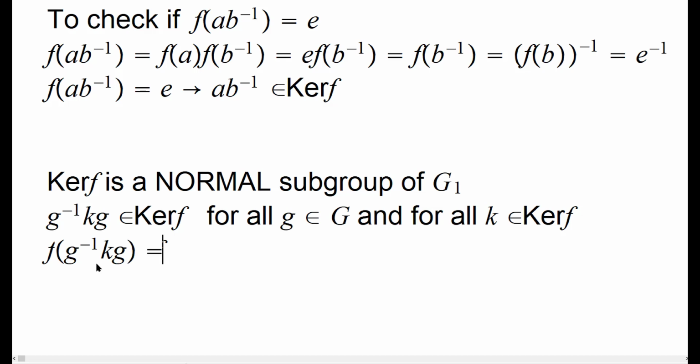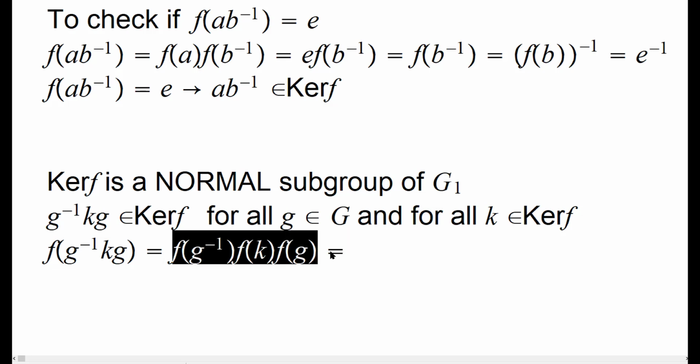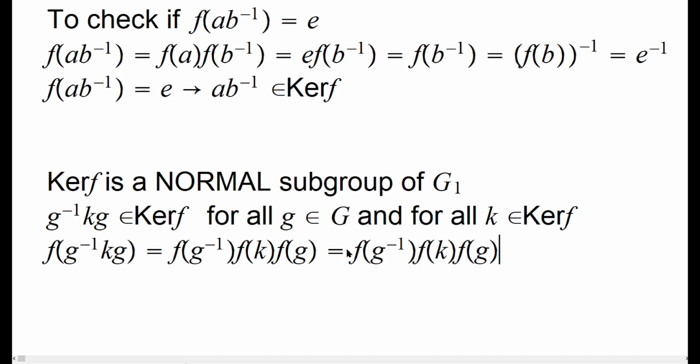Using the homomorphism property, this will become F of g inverse, then F of k, then F of g. Notice F of k is identity, because k is in the kernel.